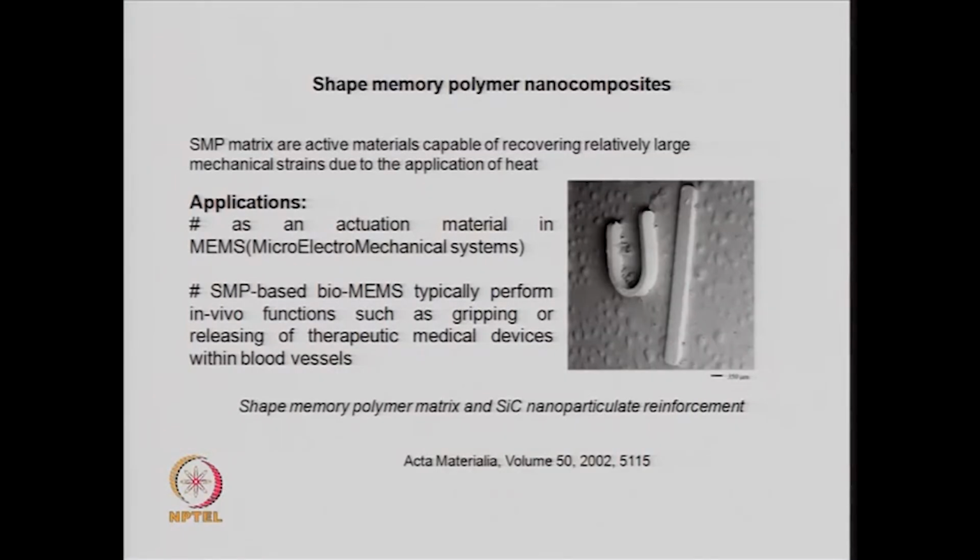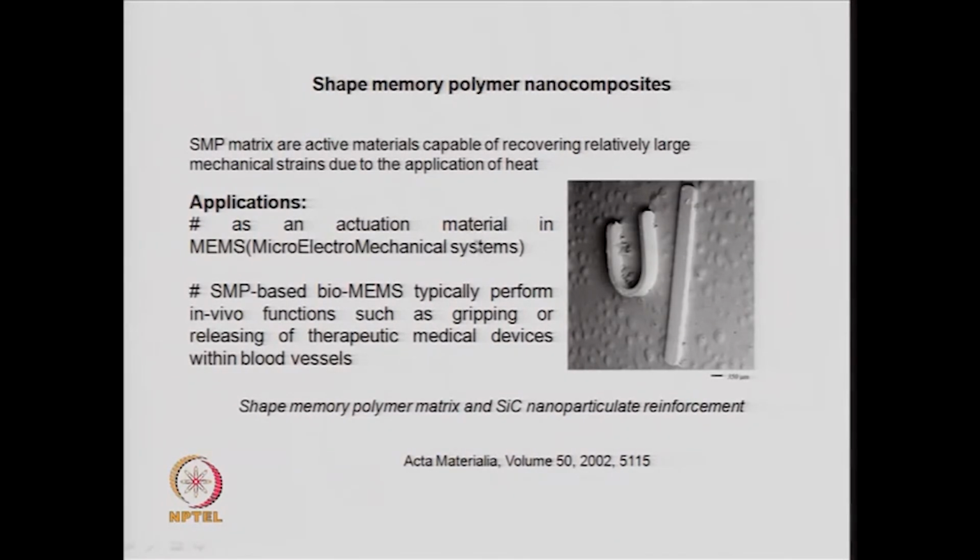Now, people have also used other types of polymer nanocomposites, and among them shape memory composites are very important. Now, what is this shape memory polymer matrix? These are materials which can remember or retain their shape after a mechanical strain has been removed.